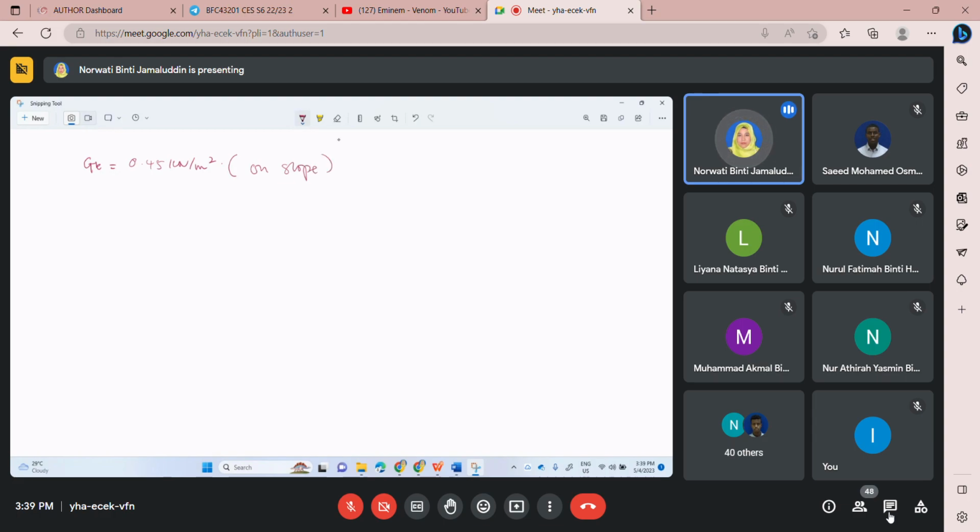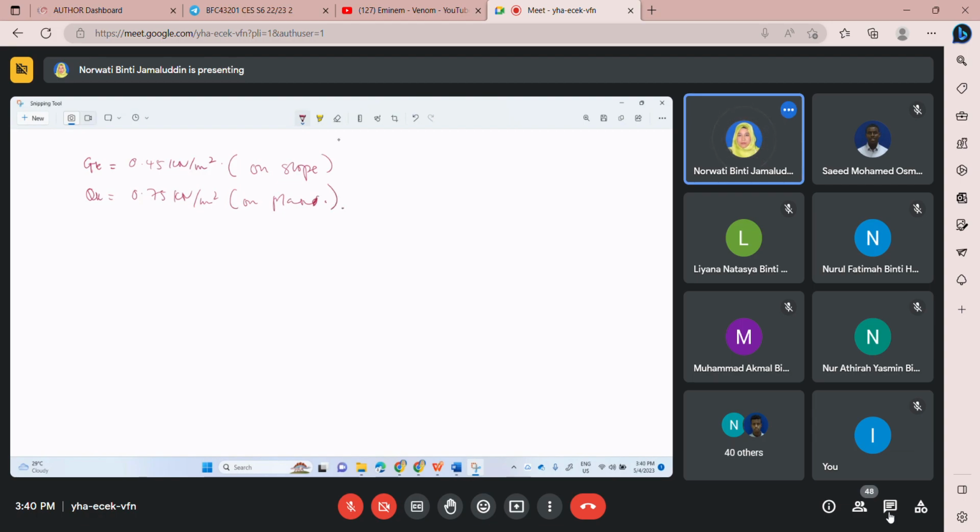On slope means that it is coming from roofing system, roof covering. Then the QK is 0.75, on plan.